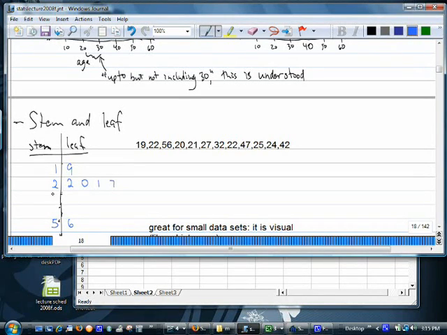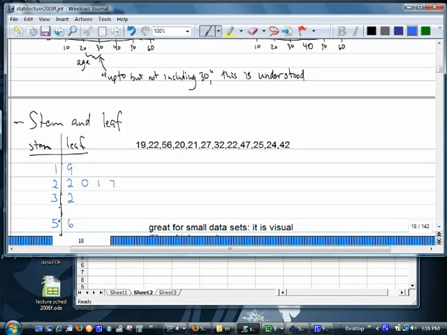Right. So far I've gone up to 32. So my next data value is 22. How do I record that? Where do I put the 2? Next to which 2? So for 22, I write down a 2. Where do I write it? Oh, next to the 2, that's a stem.